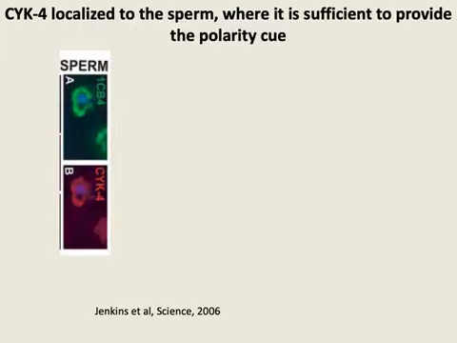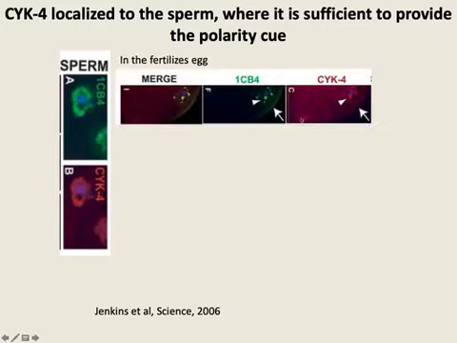And indeed, what these slides are showing is that if you label the sperm here with this sperm marker and CYK4, it's in the sperm. So that's a beautiful system. Now you have, indeed, the sperm, by fertilizing the oocyte, bringing the DNA, bringing the centrosome. Yes? Yes. The CYK4 is the GAP. So that's the inhibitor of Rho1.